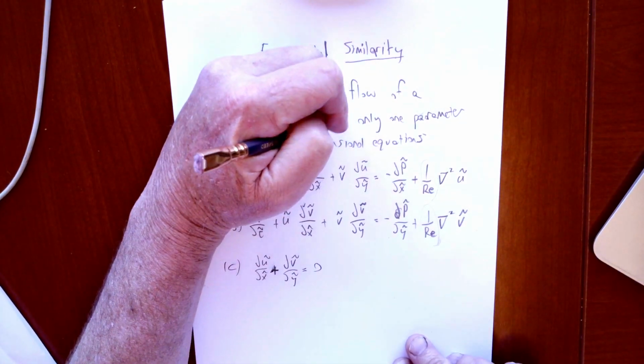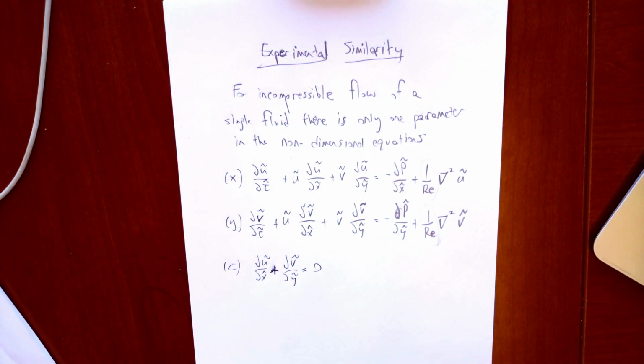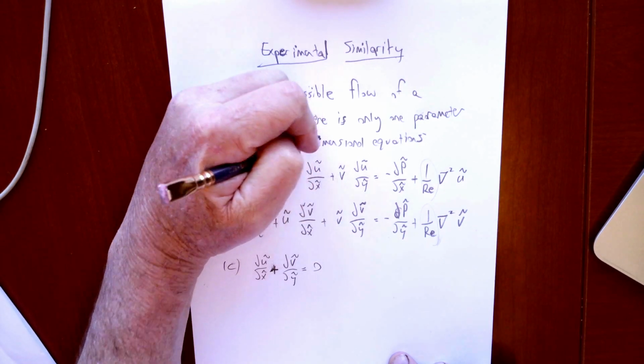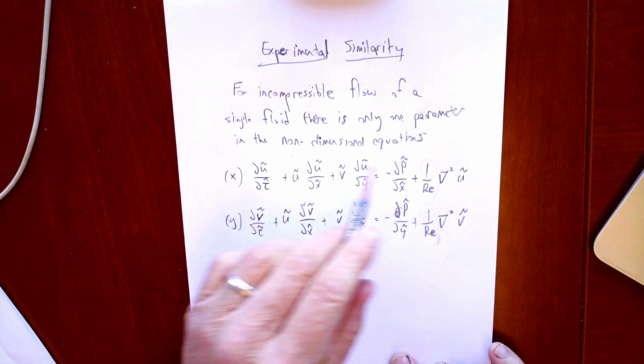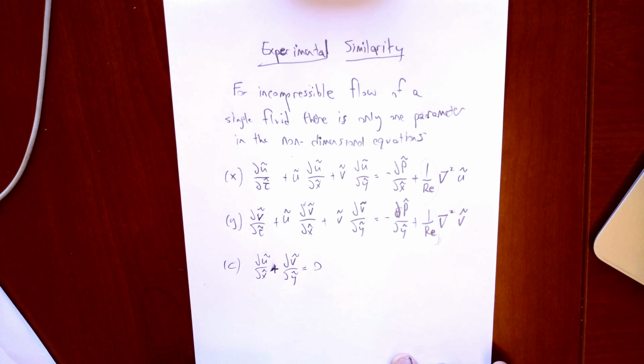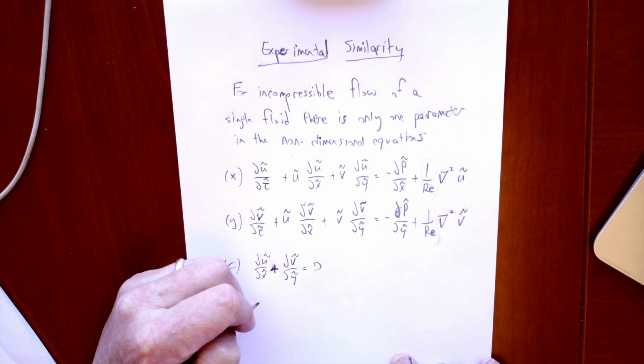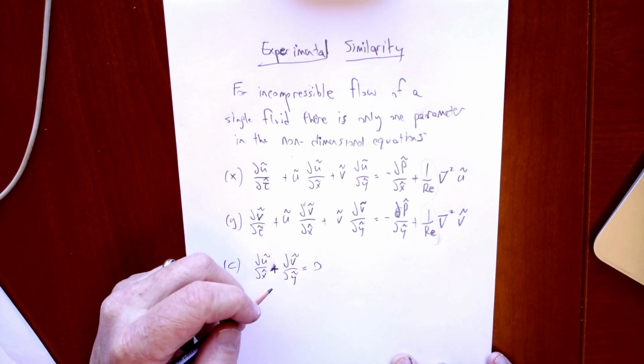So if we can solve a problem for one Reynolds number, it will apply to any solution that has that same Reynolds number, in this dimensionless form. So what that means is if two flows are geometrically similar, they have the same solution.